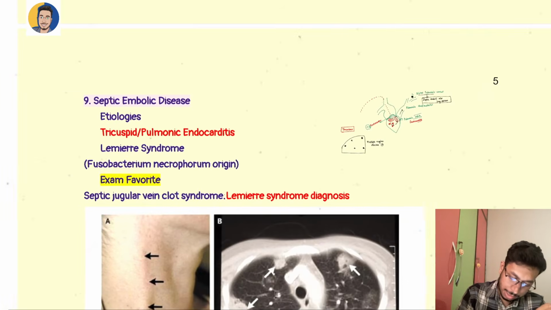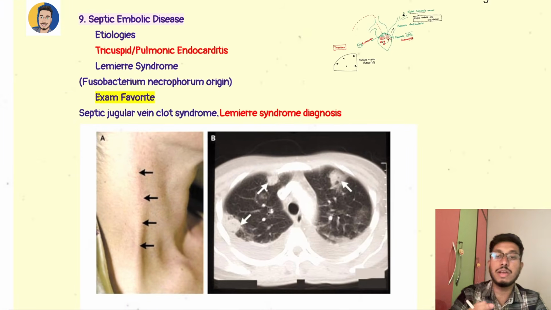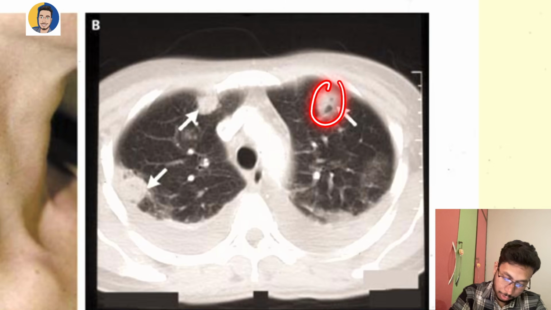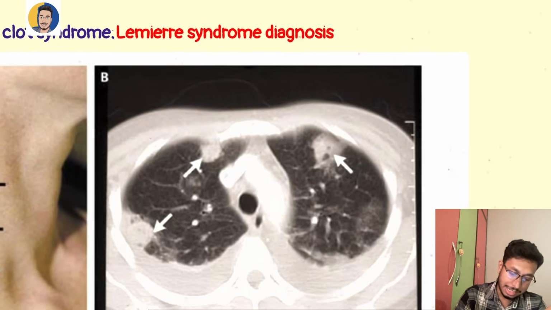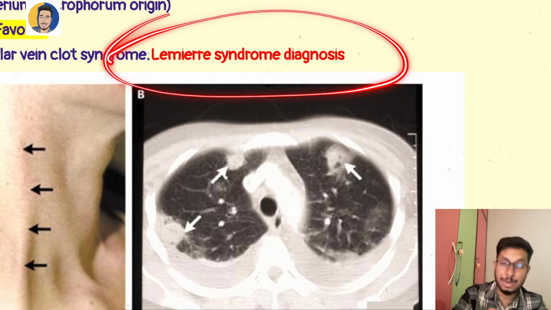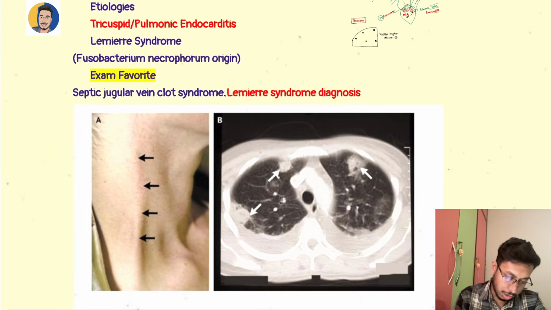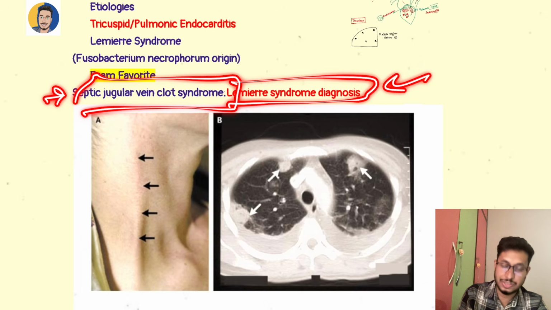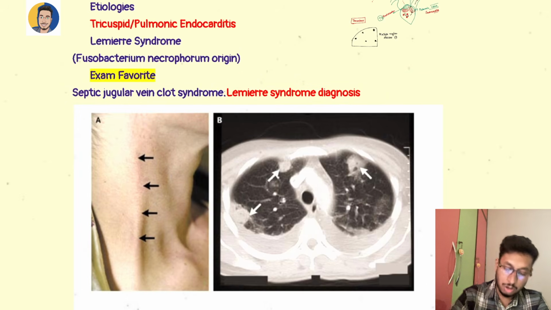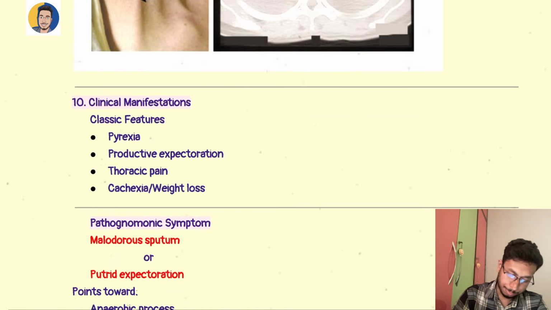So thrombus in the IJV due to infection in the oral cavity gets transferred as septic emboli to the lung, resulting in multiple lung abscesses at multiple sites. As you can see here, abscesses are at multiple sites. This condition is particularly given the name Lemierre syndrome. Okay, so septic jugular vein clot syndrome is known as Lemierre syndrome. Okay, all right. So this is one of the important concept blocks.